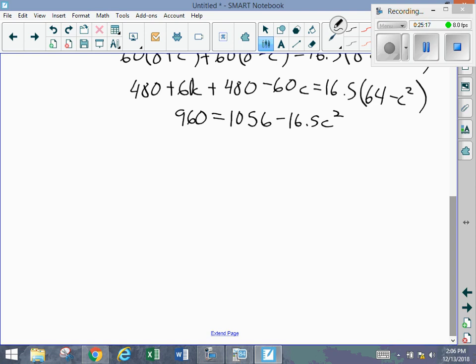Now I will subtract 1,056 from both sides, and I will get negative 96 equals negative 16.5 c squared.